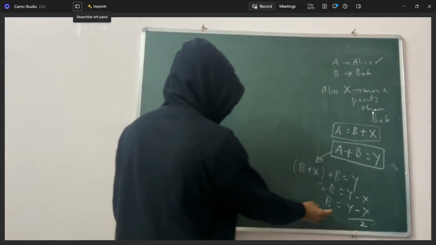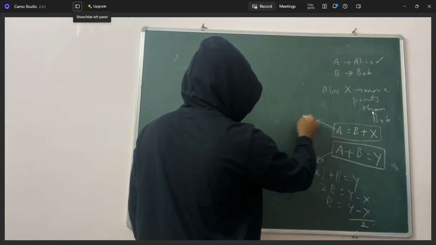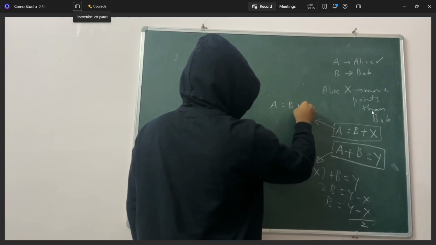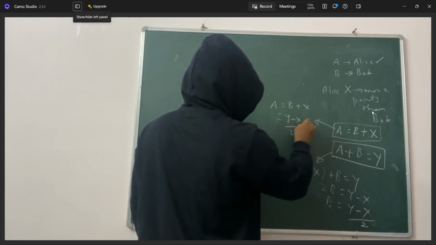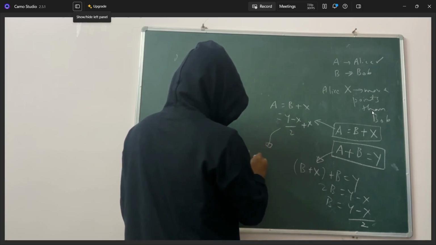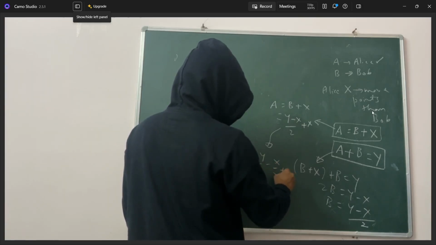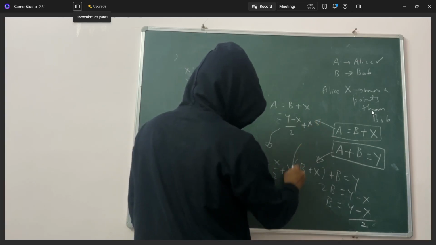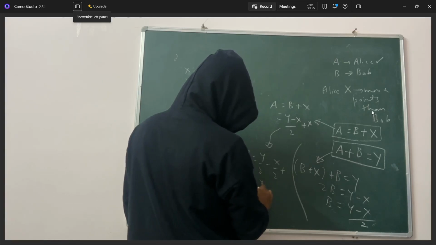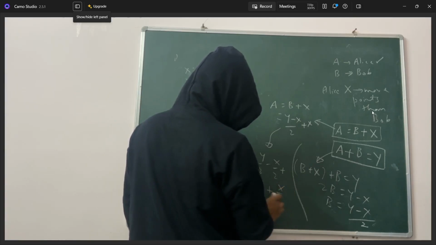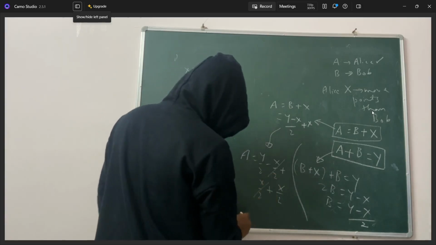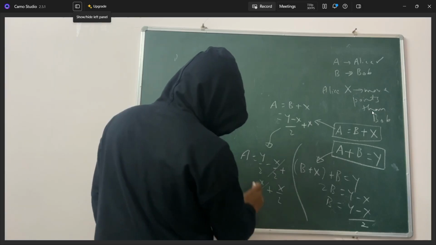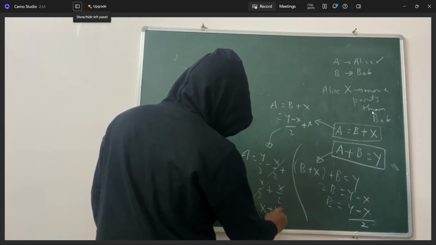Once we have got B, we can find A. A is going to be B plus X. But what is B? B is (Y minus X) by 2, plus X. So A can be written as Y by 2 minus X by 2 plus X, and you can write X as X by 2 plus X by 2, because half X and half X is going to be full X. So the minus half X and plus half X get cancelled, and your A is going to be (X plus Y) by 2.